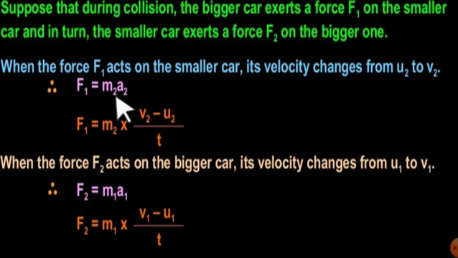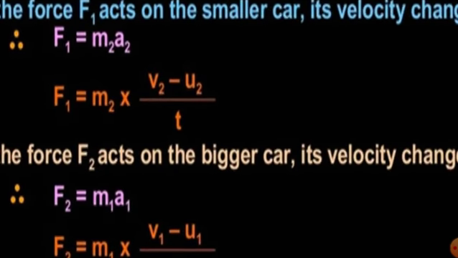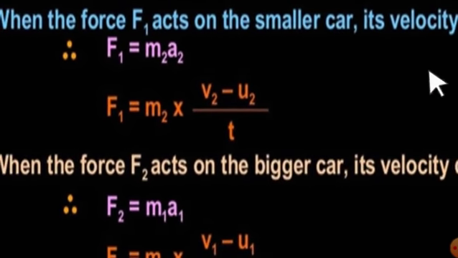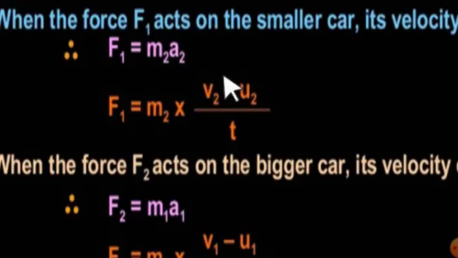So m2 is the mass of the smaller car, and let's take a2 as the acceleration that is produced when the force is given by the bigger mass onto the smaller mass.